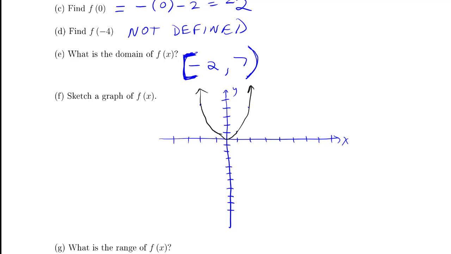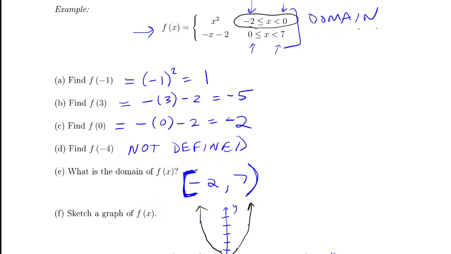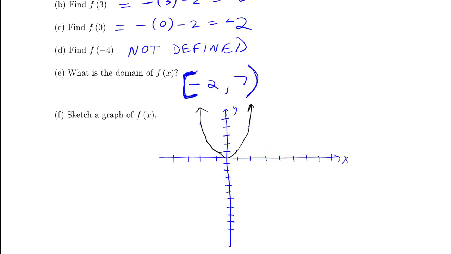Okay, but the only thing is I don't want that whole thing. I only want the portion of that graph corresponding to -2 to 0. Normally I would just erase parts of this, but I didn't want to do that. It's okay, I'll fix that.